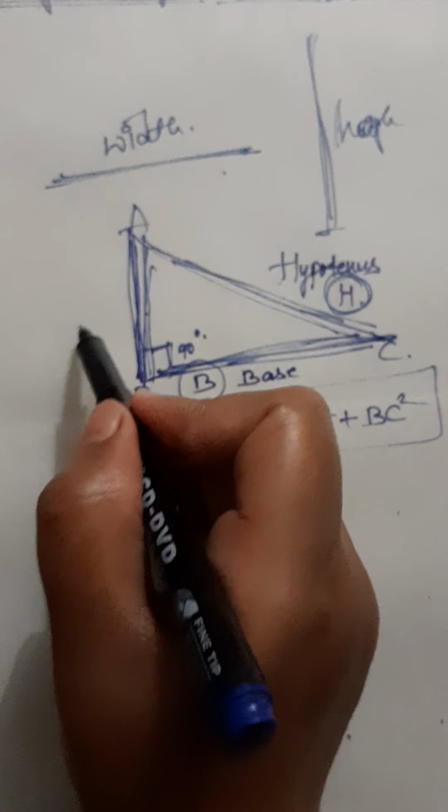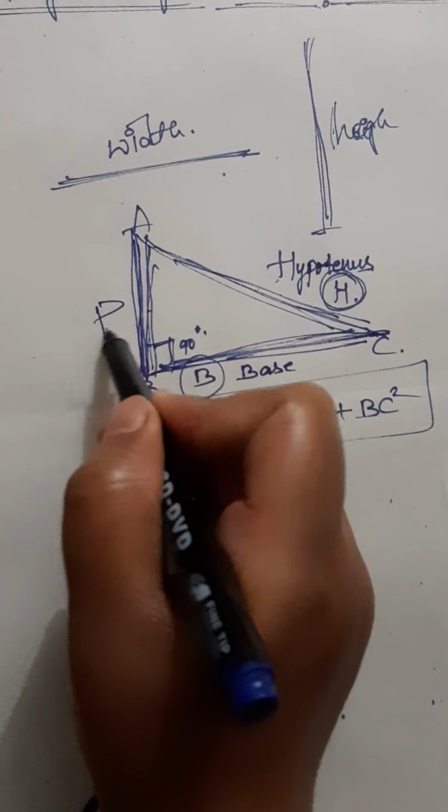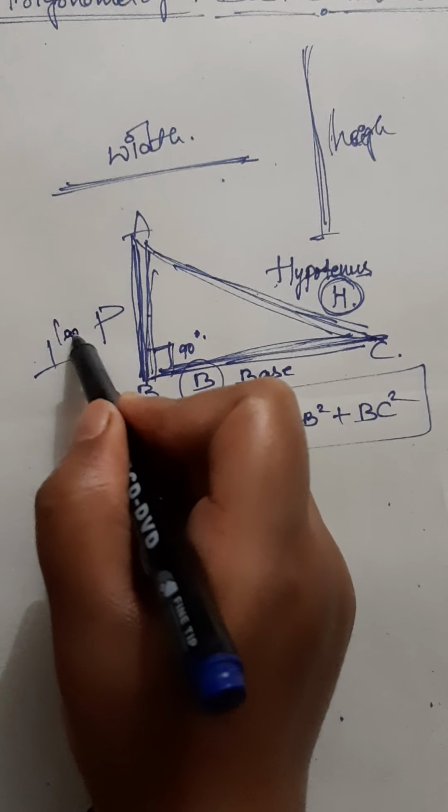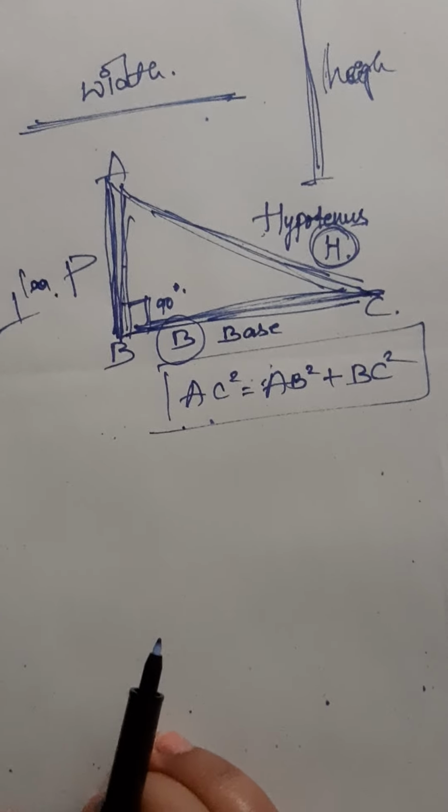And this side AB we call the perpendicular, P for perpendicular. Like this we have the sides.